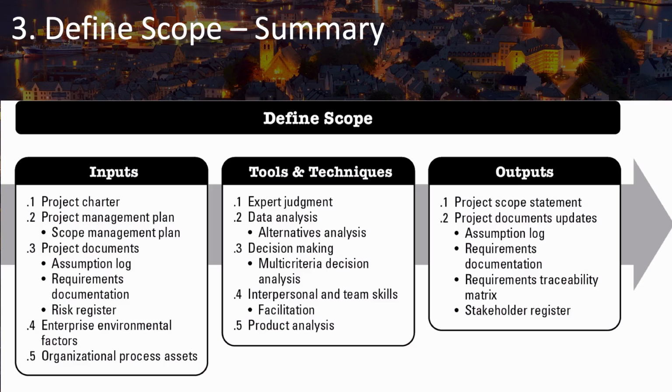You'll also need a lot of interpersonal and team skills as you're working with all of these people. Facilitation is just one of them. And product analysis, which is the process of translating the requirements into specific and individual features and scope, is perhaps the key tool and technique that all of these others support.